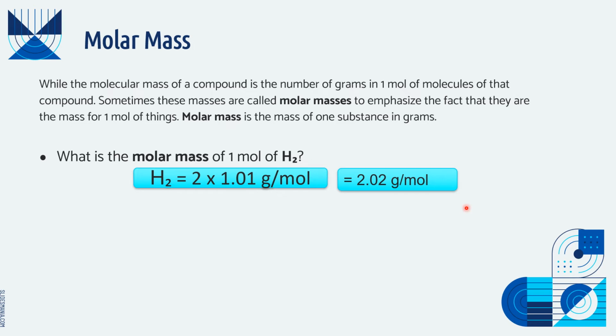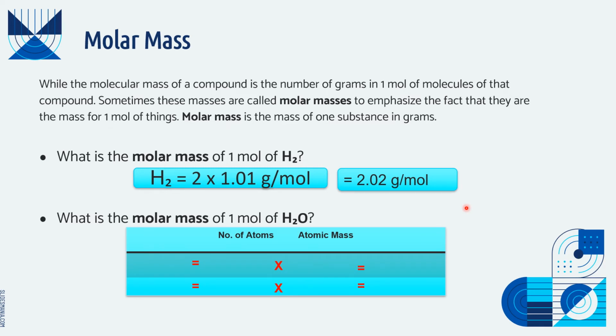Another example, what's the molar mass of 1 mole of H2O? How to get that? We can use a table to further explain. In H2O, we have 2 elements, hydrogen and oxygen. How many atoms of hydrogen are there in a water molecule?